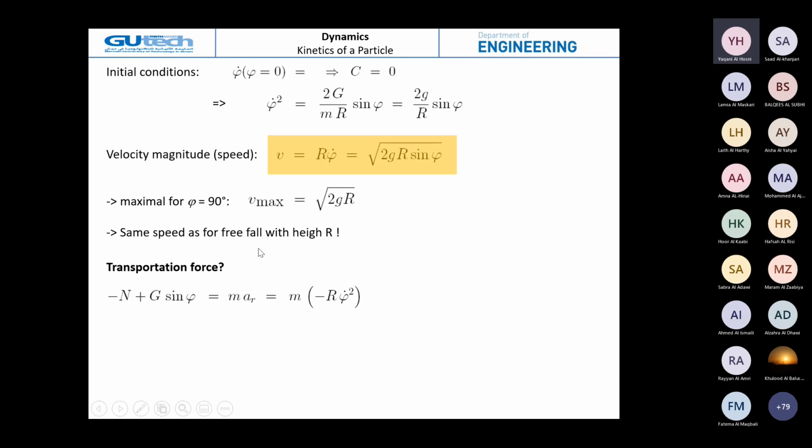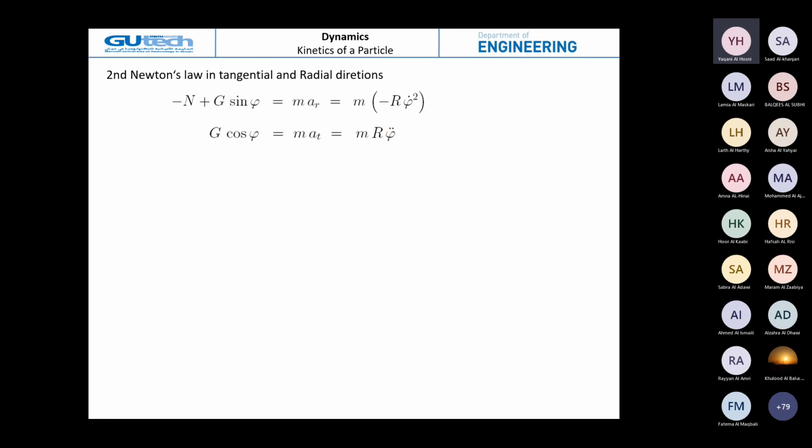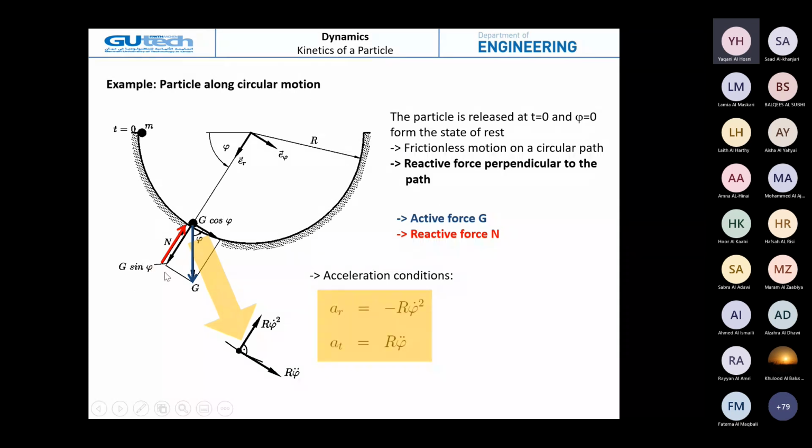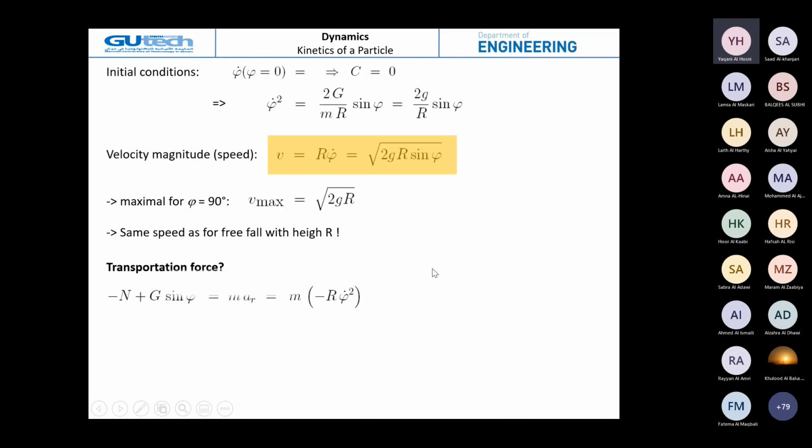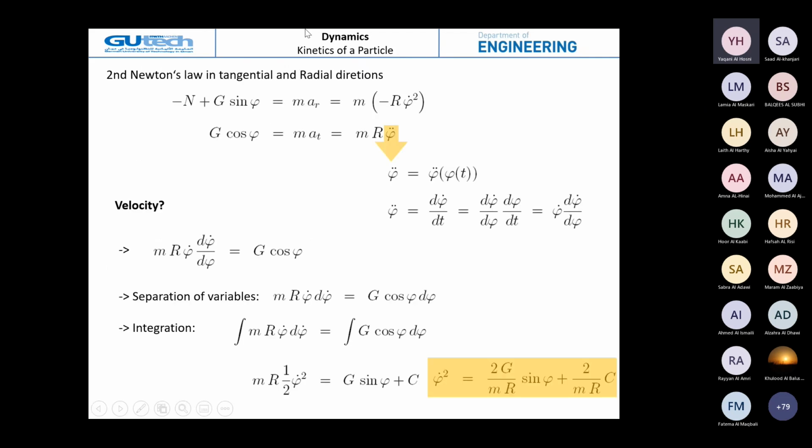Now, if we look at the transportation force, take this force in red color, the reactive force N, or transportation force. Now, phi dot square, returning back, we take the first equation.